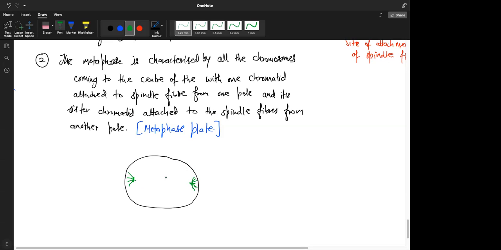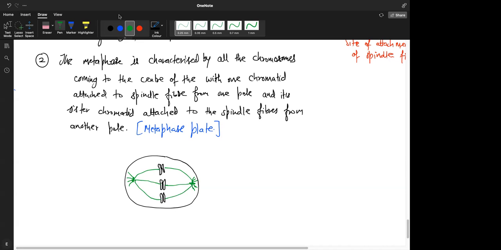So this is one and this is other chromatid. You understand? These are two sister chromatids. And from each pole, it goes and binds to one chromatid. From here also, it goes and binds to the other chromatid.